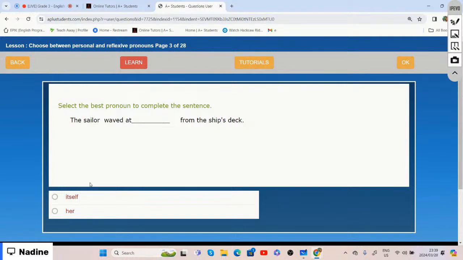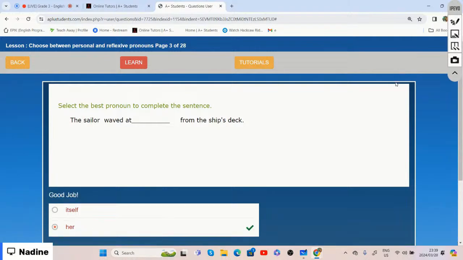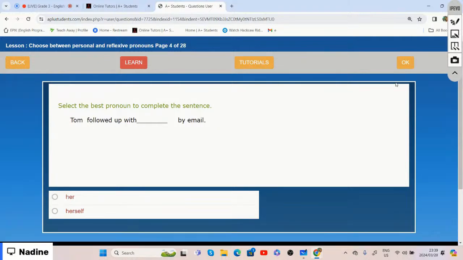All right, so we will say the sailor waved at her from the ship's deck because he's waving at someone else, right? He's not waving at himself. Tom followed up with her by email, or Tom followed up with herself by email.